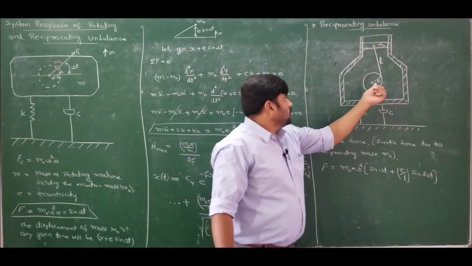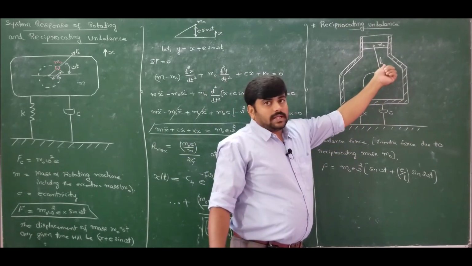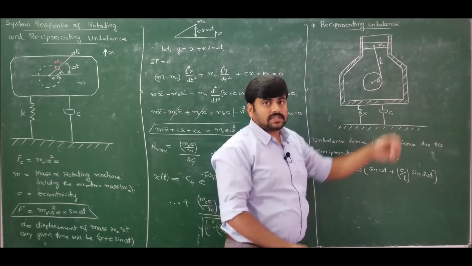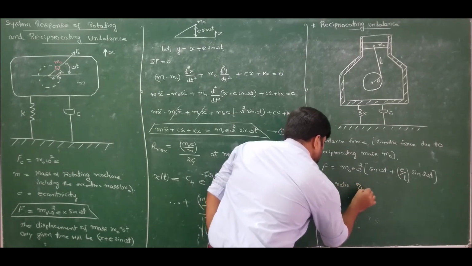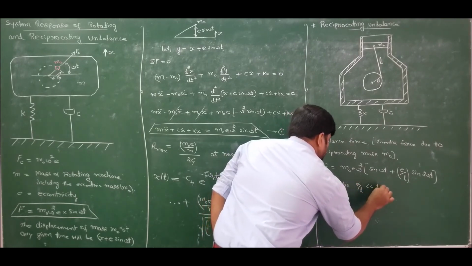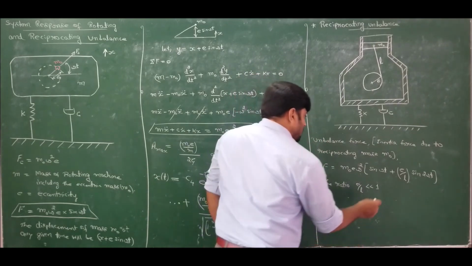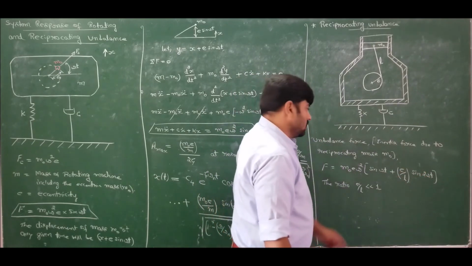Now the value of E is very small compared to L. So therefore the ratio E by L is very, very small. So therefore we can neglect the second harmonics.